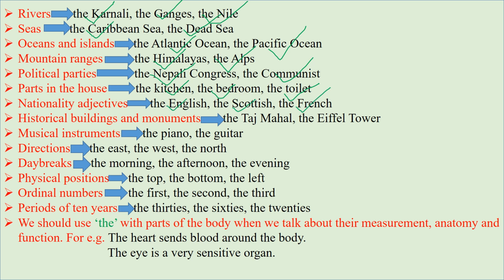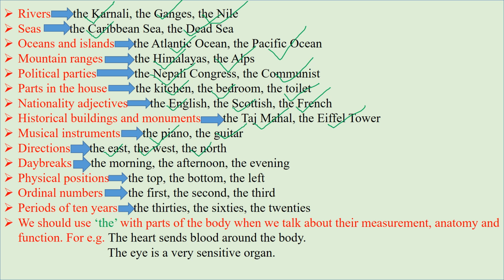For historical buildings and monuments, we should use the: the Taj Mahal, the Eiffel Tower, etc. For musical instruments: the piano, the guitar, the madal, etc. For directions: the east, the west, the north.